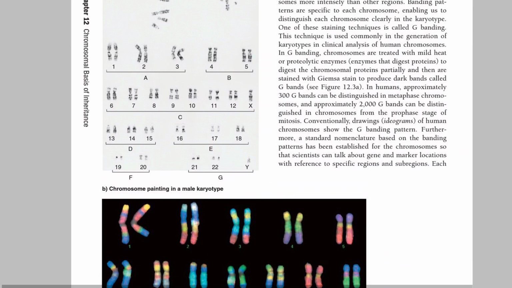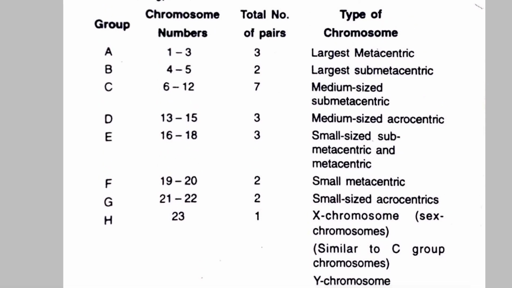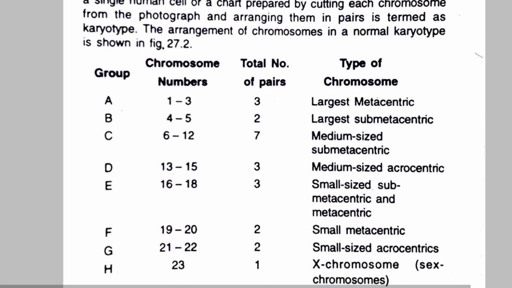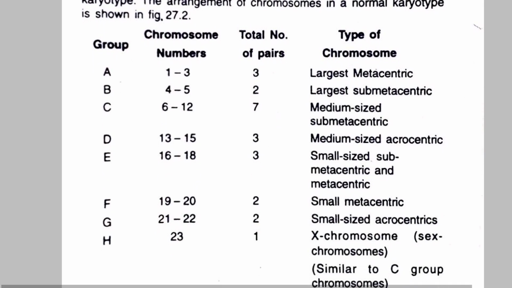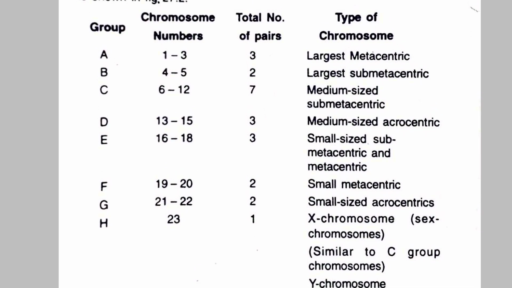Now I am showing you one important table. This is a very important table. You need to prepare this table. In this table, all the chromosomes of 23 pairs are divided into metacentric, submetacentric or acrocentric based on the position of the centromere.